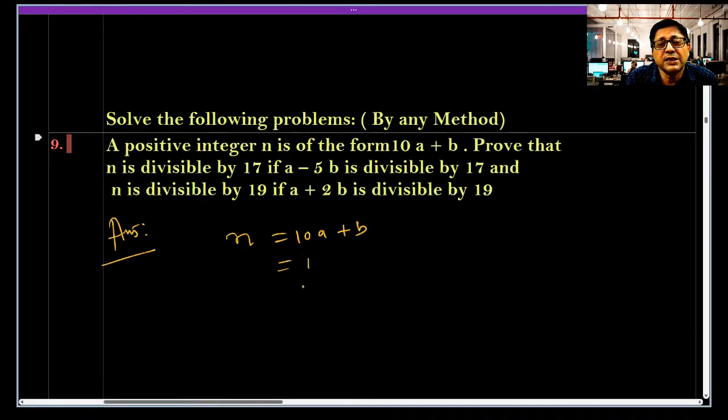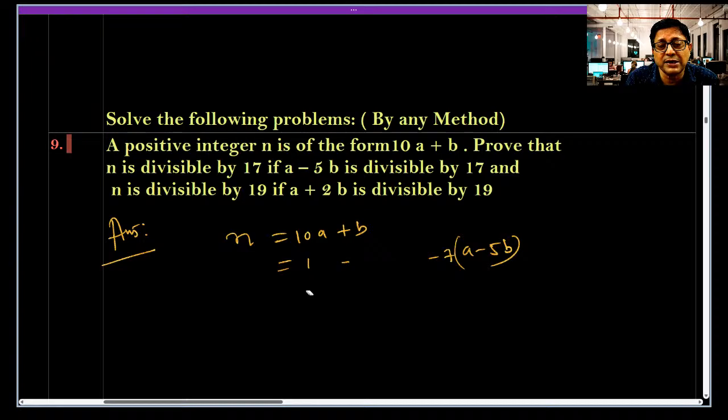If you write this thing as minus 7 into (a minus 5b), and here you are writing 34b, minus 34b, this thing we have to adjust.